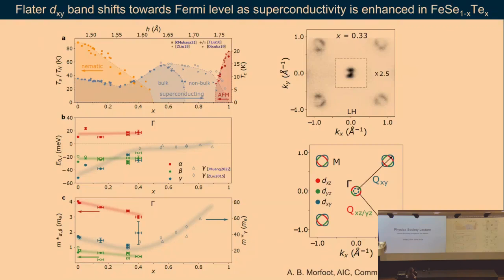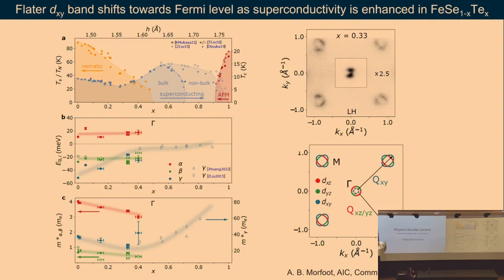In another type of ARPES experiment, we were looking at the evolution of the electronic structure in the phase diagram when we replace selenium with tellurium. In this particular case, the nematic phase is suppressed with tellurium substitution, and superconductivity becomes enhanced just outside the nematic phase.